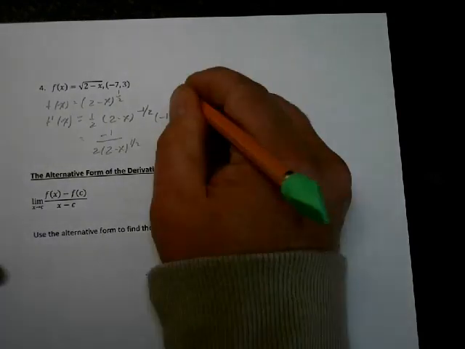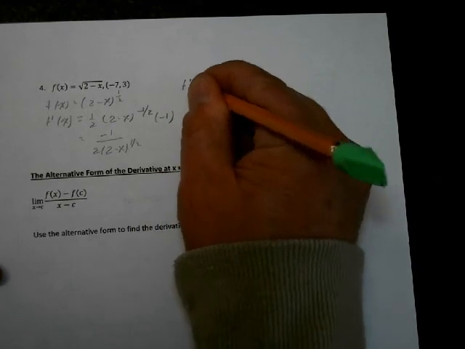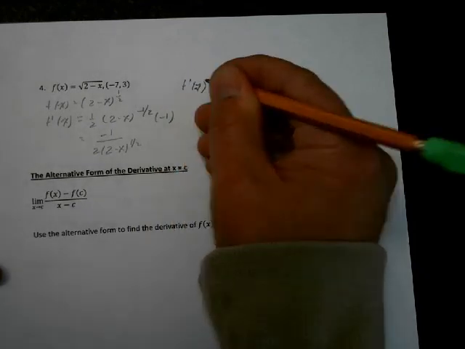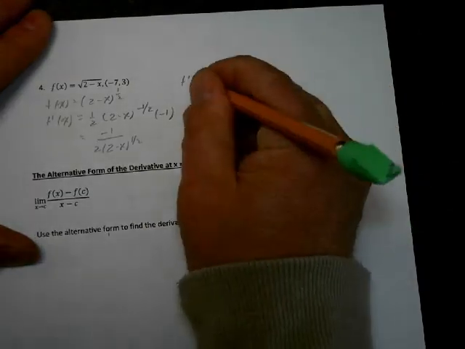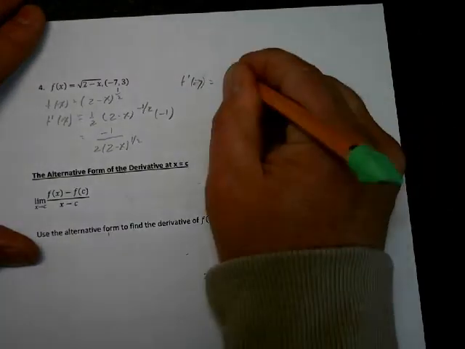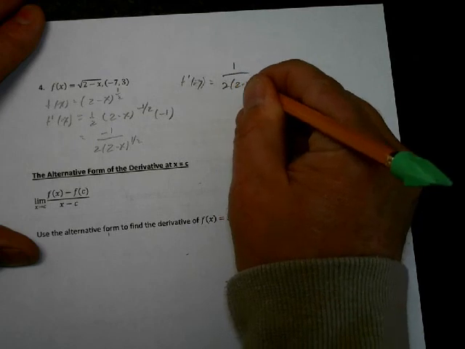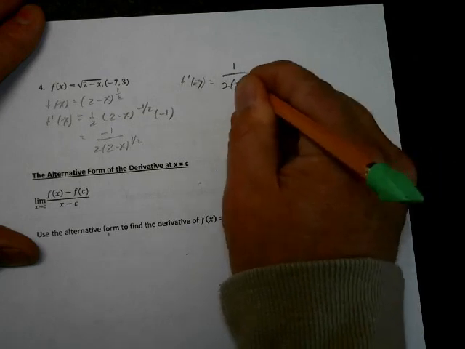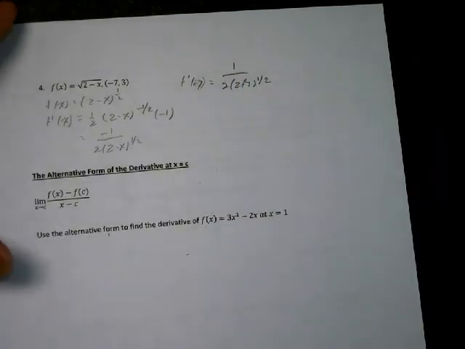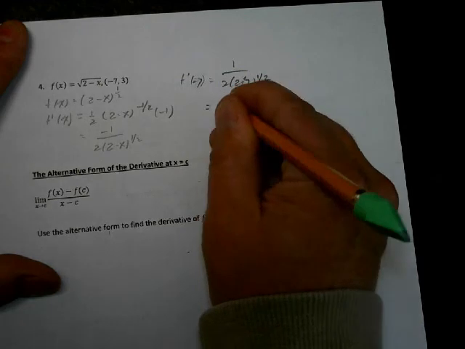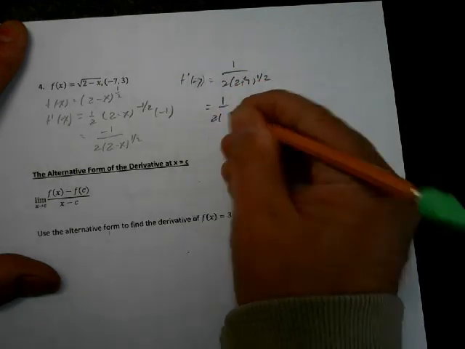The next step is to find out what the slope is at negative 7. So I have 1 divided by 2 times (2 minus negative 7) to the 1/2.